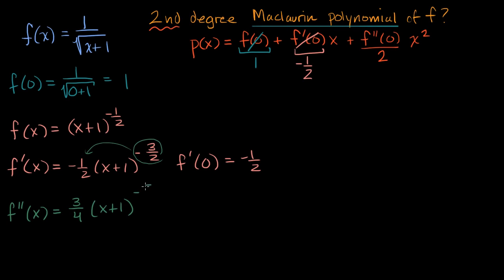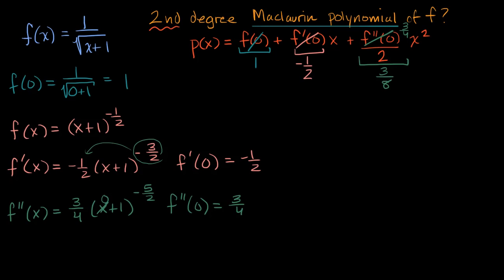So it's going to be negative 5/2. And so the second derivative evaluated at 0, well, if this is equal to 0, you're going to have 1 to the negative 5/2, which is just 1, times 3/4. It's just going to be 3/4. So this part right over here is 3/4. And so you're going to have 3/4 divided by 2. 3/4 divided by 2 is 3/8.